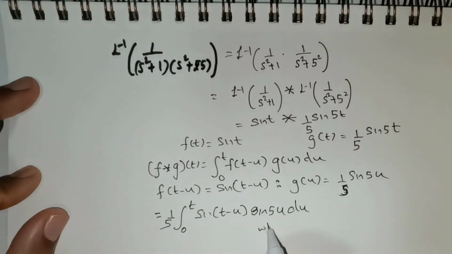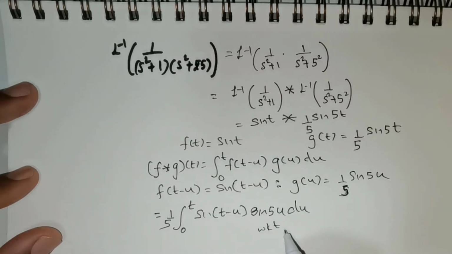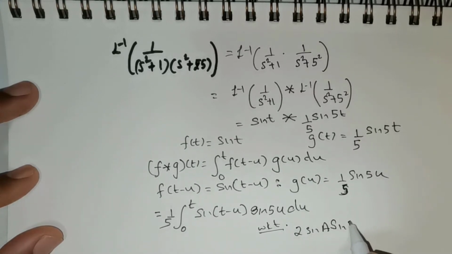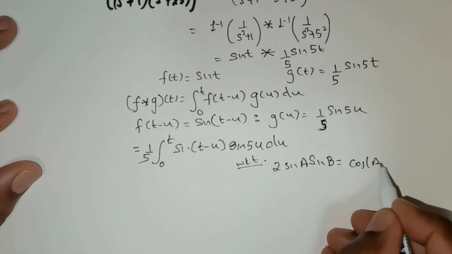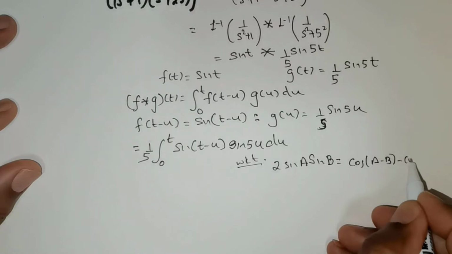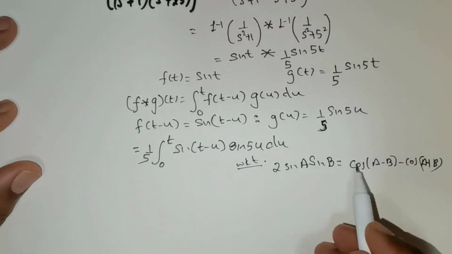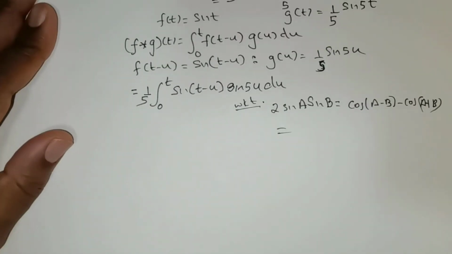So this is what we have got. Now we know a compound angle formula for this, which is nothing but 2 times sine A sine B is equal to cos of A minus B negative cos of A positive B. Now I'm going to show you how these two are connected.